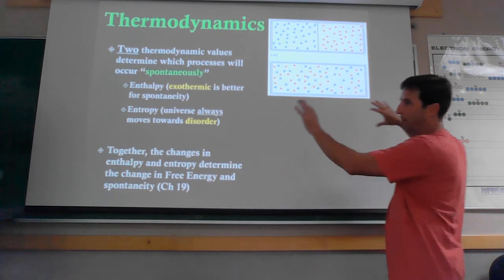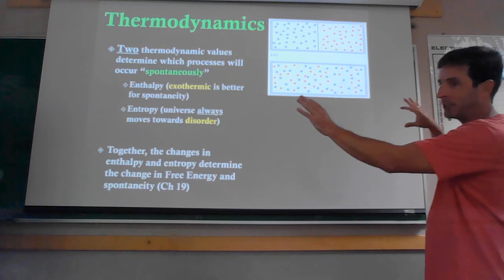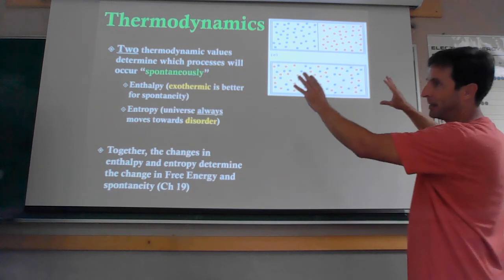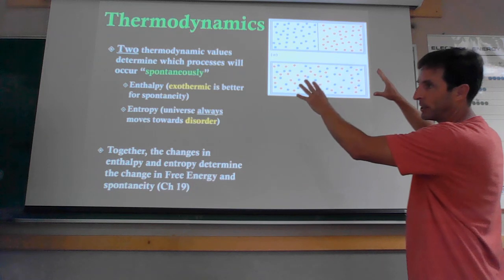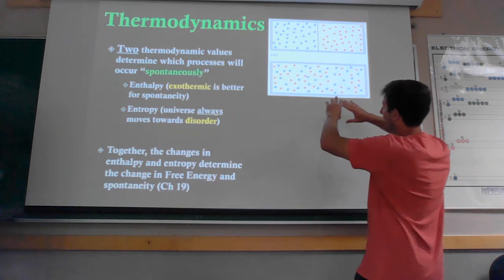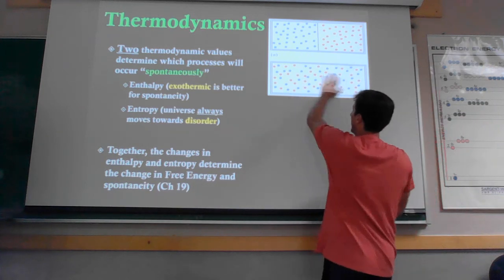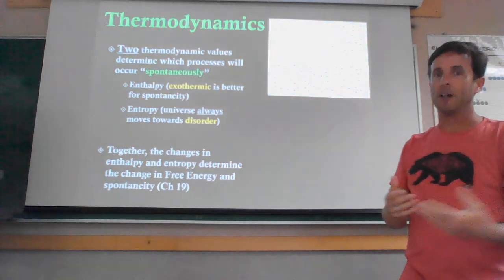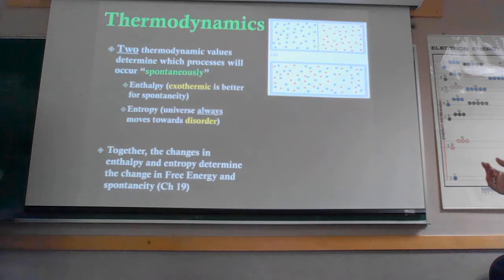If they are separate from each other, that's a level of organization. So the solute and solvent separated, it seems like it's a very ordered situation. When I mix them together, things are all mixed in, that's much more disorganized. So at first glance, it seems like formation of a solution would always be an increase in the disorder.